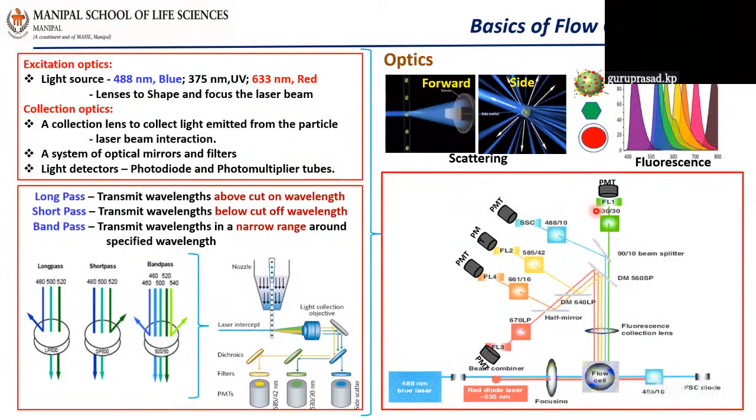Say, for example, count 1 enters the PMT. In the PMT there are many reflectors, many amplifiers. So 1 becomes 2, 2 becomes 4, 4 becomes 8, and like that it amplifies, and finally the light signal is sent to the ADC. The ADC converts that light signal into an electronic signal.